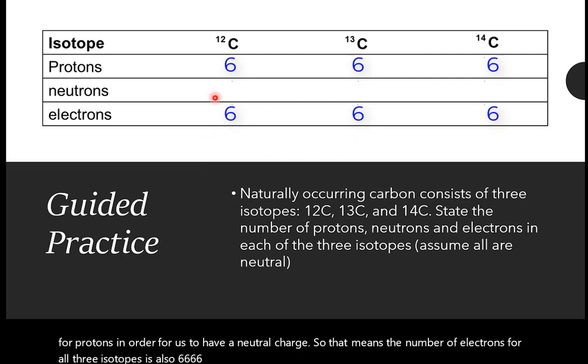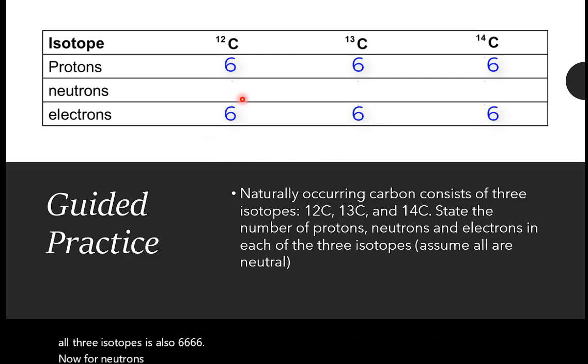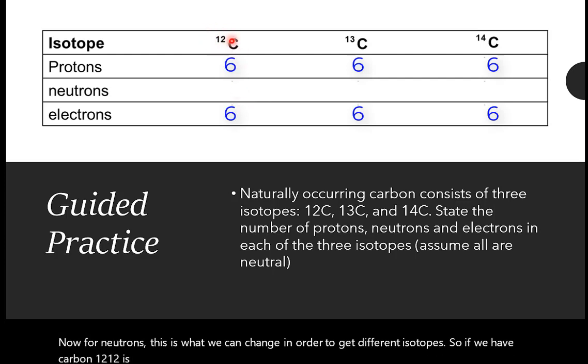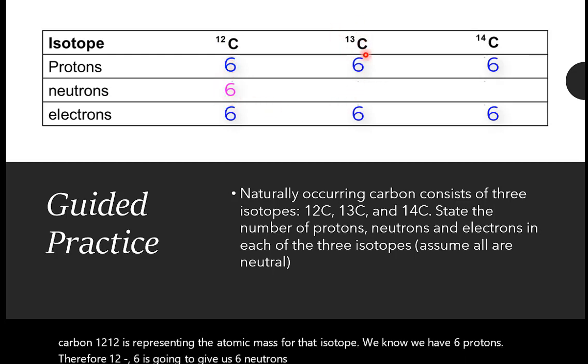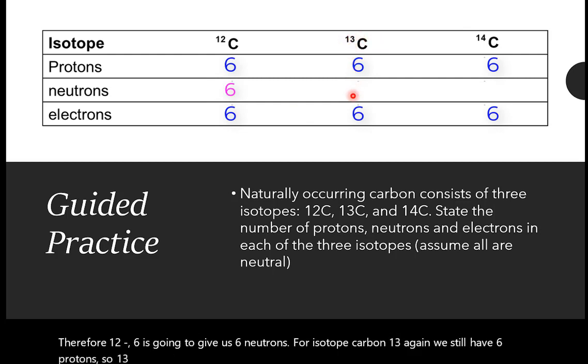Okay? Now for neutrons, this is what we can change in order to get different isotopes. So if we have carbon-12, 12 is representing the atomic mass for that isotope. We know we have 6 protons. Therefore, 12 minus 6 is going to give us 6 neutrons. For isotope carbon-13, again, we still have 6 protons, so 13 minus 6 is going to give us 7.